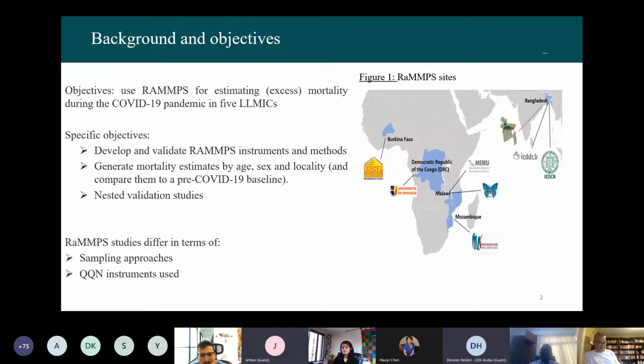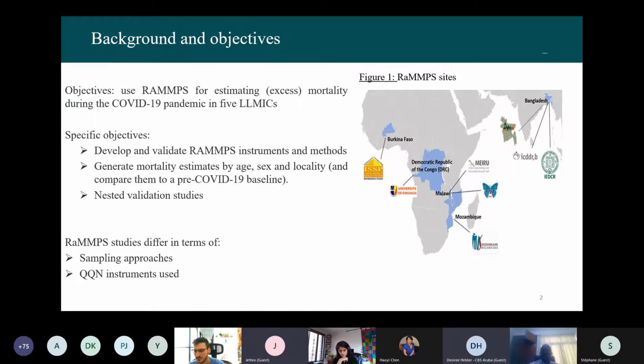And it's also important in countries like Burkina Faso, where some regions are not accessible because of terrorist attacks, so it's not possible to conduct face-to-face interviews. So this project comes as an opportunity to estimate excess mortality, and also in general to estimate mortality in lower middle income countries. The project is conducted in 5 countries: Burkina Faso, DRC, Malawi, Mozambique, and Bangladesh.